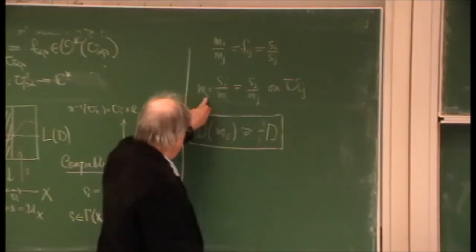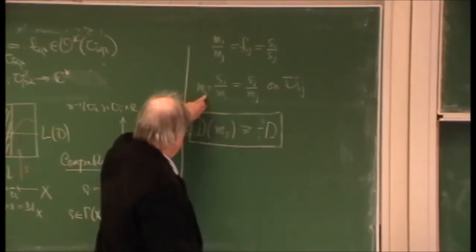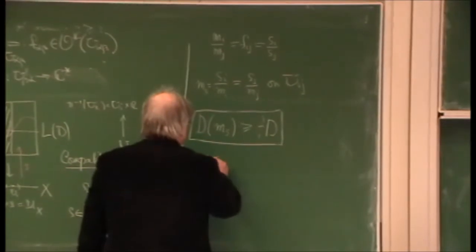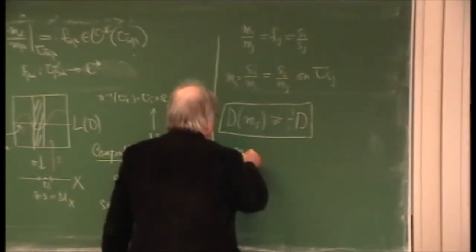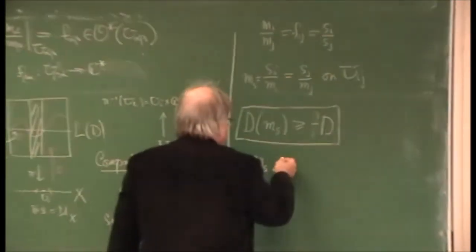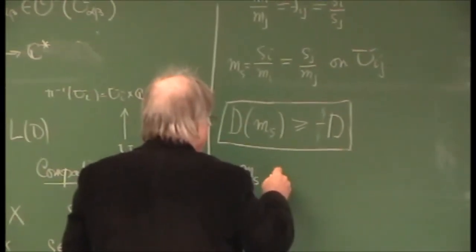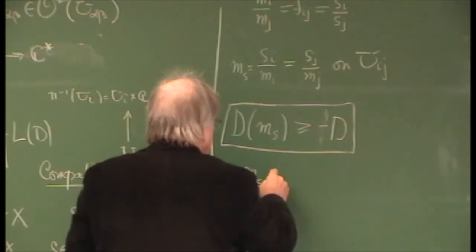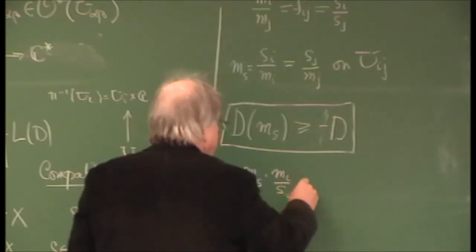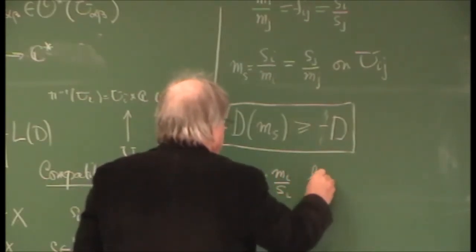Well, it's the statement that this function is bigger than or equal to minus D. Well, let's see if I can get it right. This function times m_i over s_i is holomorphic.